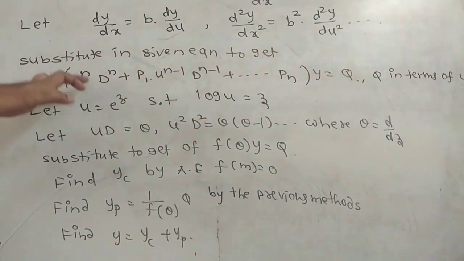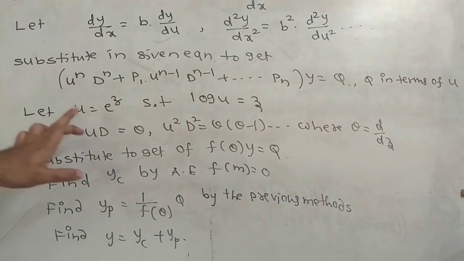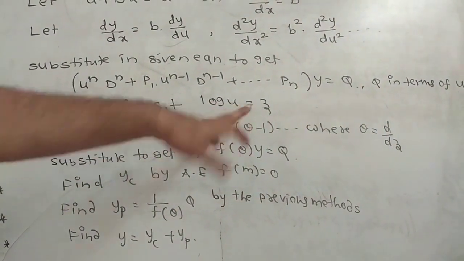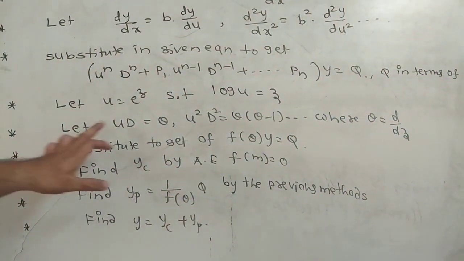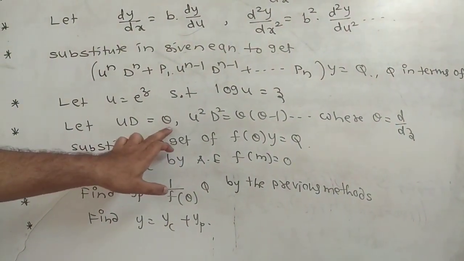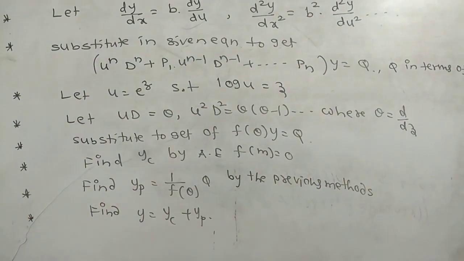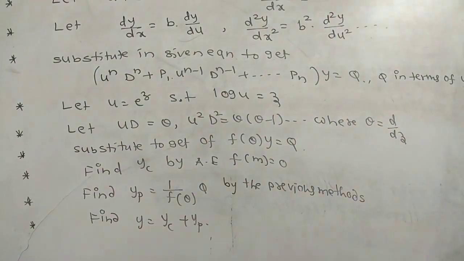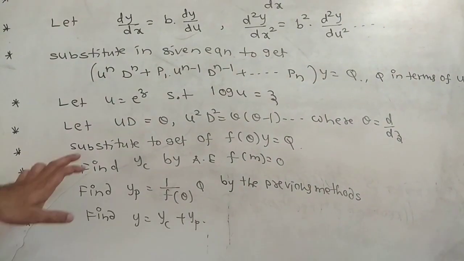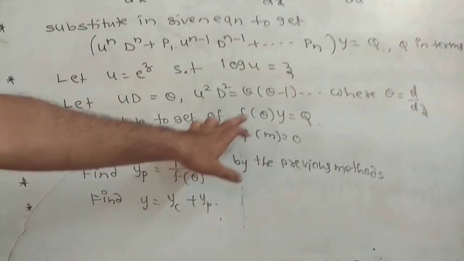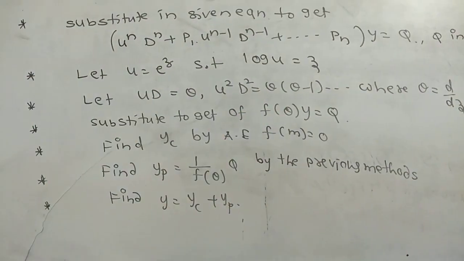In order to find the solution, start with u equal to e to the power z such that log u equal to z. Then ud is replaced by theta, u square d square is replaced by theta into theta minus 1, and so on, where theta stands for d by dz. Substitute these values in the previous equation to get the form f of theta of y equal to q.